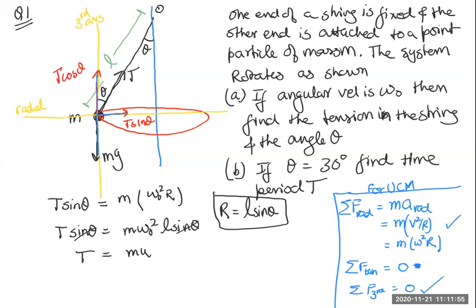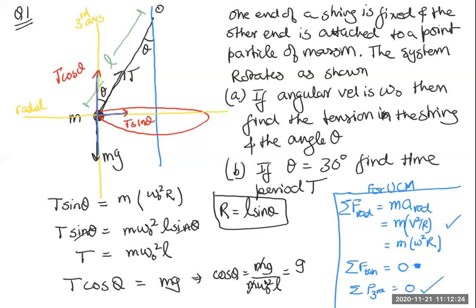T is equal to m omega naught square L. Okay, then for the third axis, I get T cosine theta is equal to mg, and this tells me that cosine theta is equal to mg over T, but T I have already found is equal to m omega naught square L. So m cancels out, and I get cosine theta is equal to g upon omega naught square L. So I found theta as well. Right?